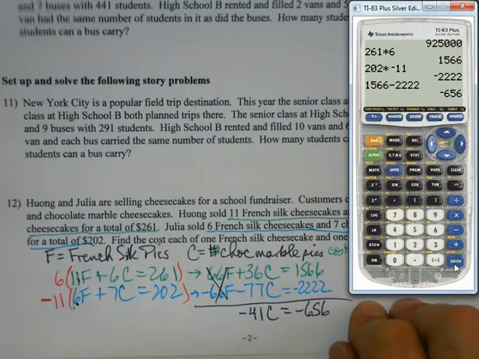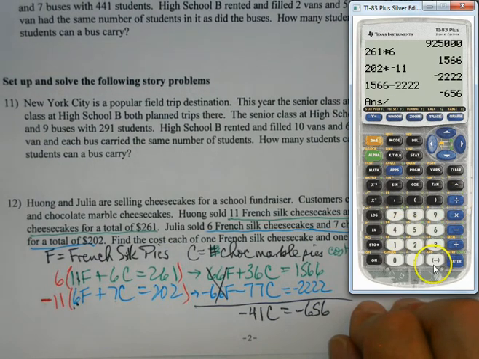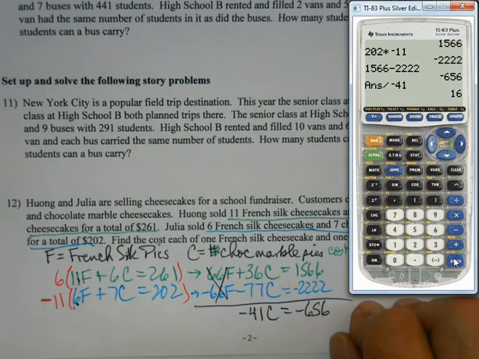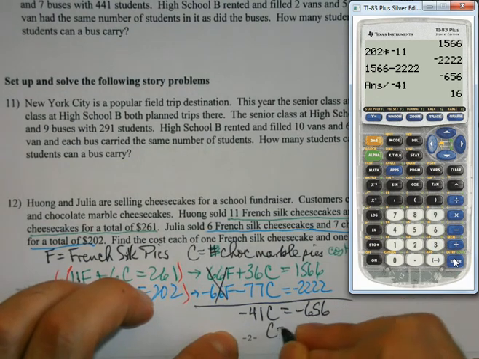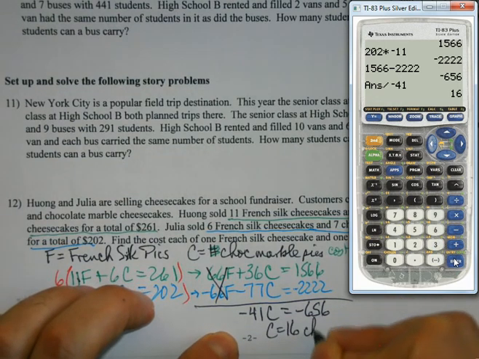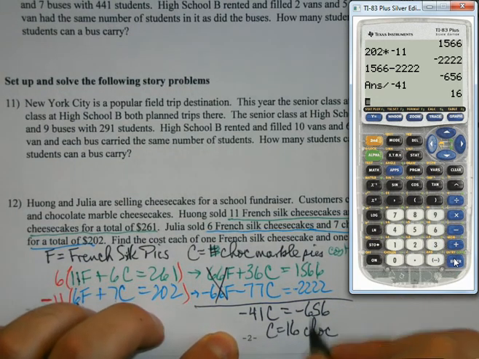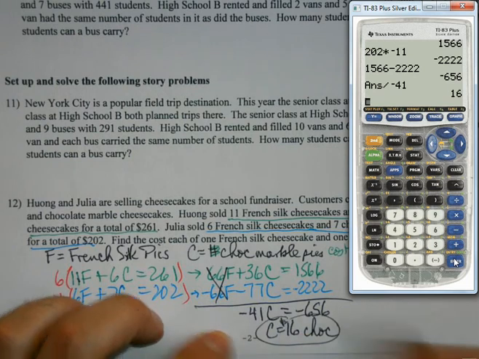I know here I have to divide because I'm multiplying by 41, not dividing. So let's see here. Divide by negative 41. No. This calculator, holy cow. There it is. All right. So, $16 for a chocolate cheesecake.